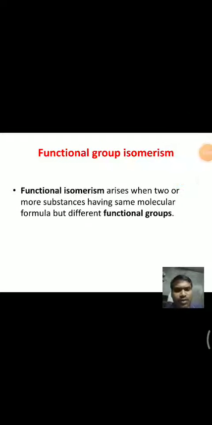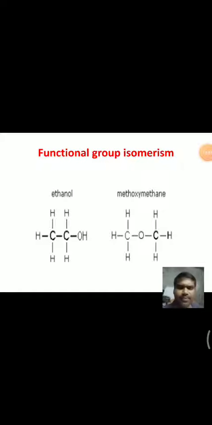If you see the examples, the first one is ethanol, having the OH functional group, and the second one is methoxymethane, an ether molecule having the ether functional group. The molecular formula is C2H6O for both molecules, but they have different functional groups.